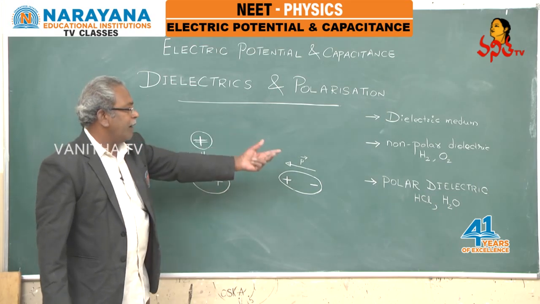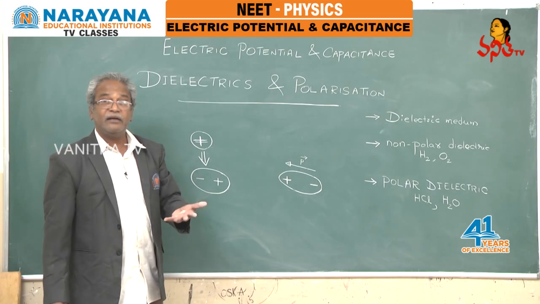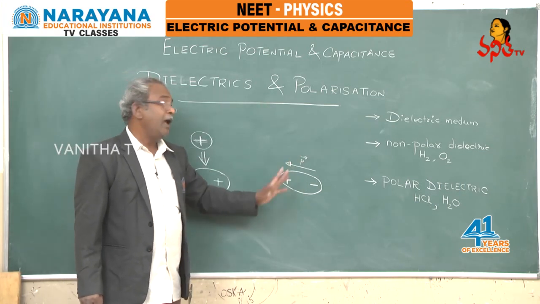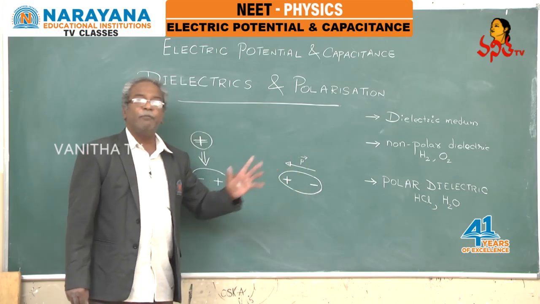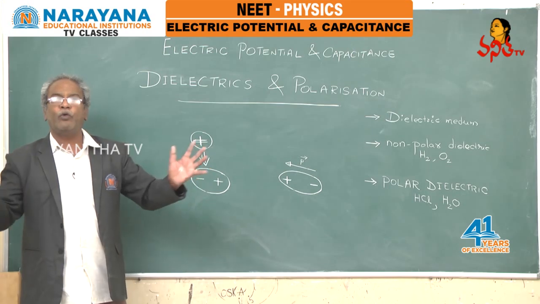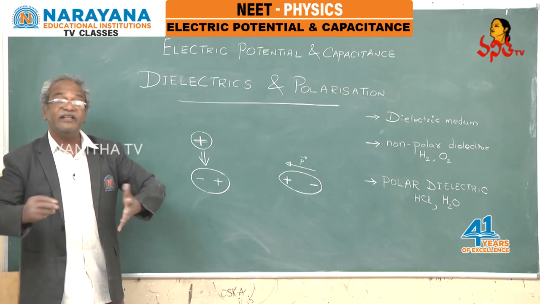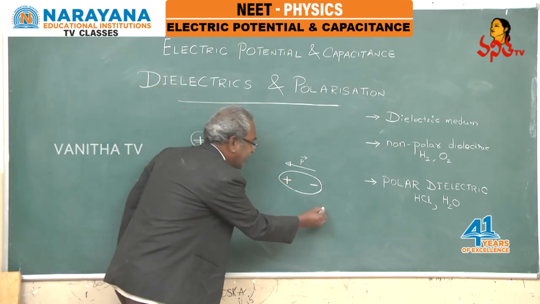And if a polar dielectric medium is placed in the external electric field, there is already an internal dipole moment, and because of the external electric field, this dipole moment will be more pronounced, such that there will be more distance between positive and negative charge concentrations.